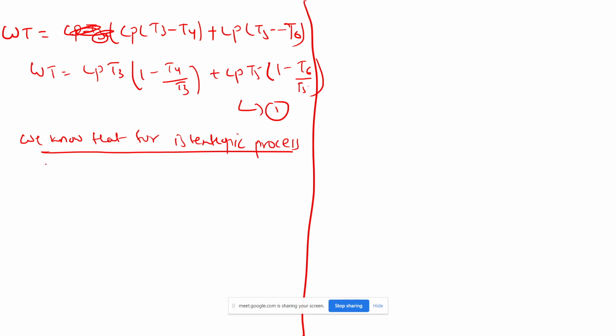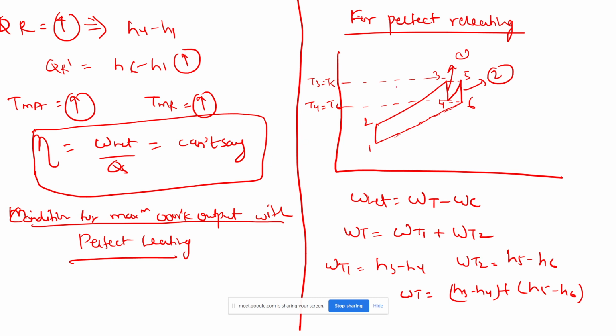Therefore for turbine 1, that is 3 to 4, and 5 to 6, we can write: P2 equals P3 equals P higher, P1 equals P6 equals P lower, and P4 equals P5 equals P intermediate, because it is an intermediate pressure between lower and higher pressure.